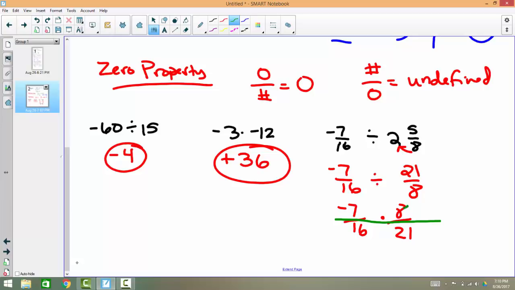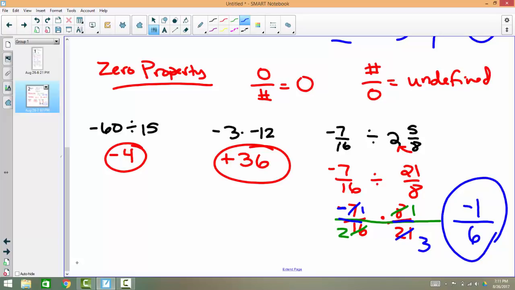So you can reduce 8 and 16 to make it a 1 and a 2. And you can reduce 7 and 21 to make that a 1 and a 3. You still have this negative. So now the whole numerator is negative 1 times positive 1, which is negative 1. And the denominator is 2 times 3, which is 6. So this is your answer.